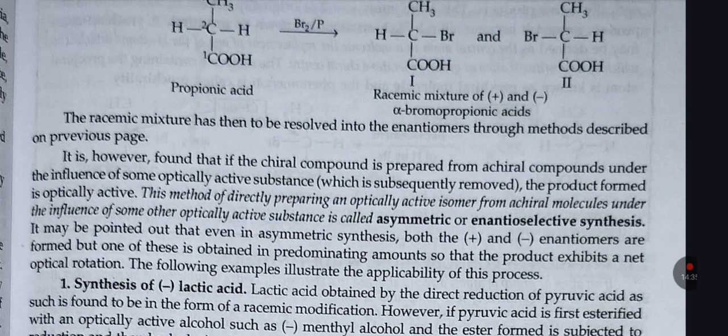It is however found that if a chiral compound is prepared from an achiral compound under the influence of some optically active substance which is subsequently removed, the product formed is optically active. The method of directly preparing an optically active isomer from an achiral molecule under the influence of some other optically active substance is called asymmetric or enantioselective synthesis.